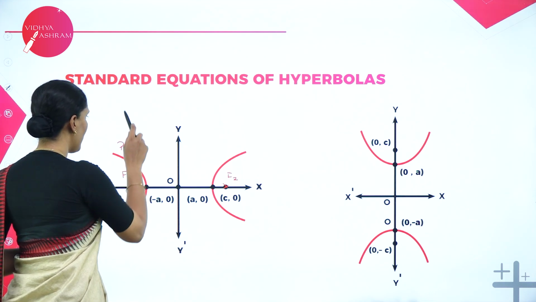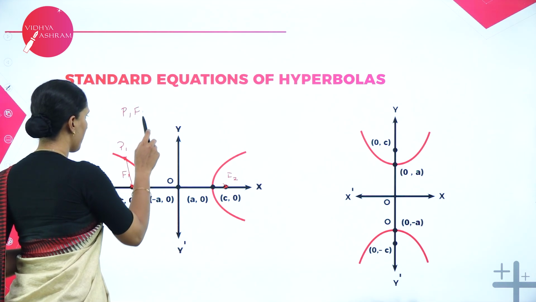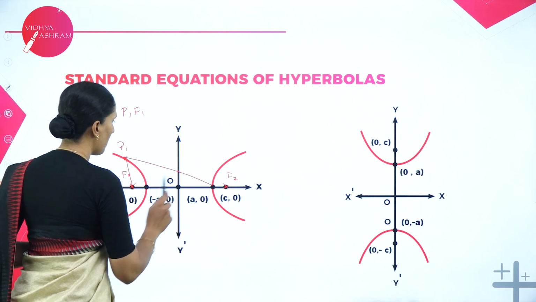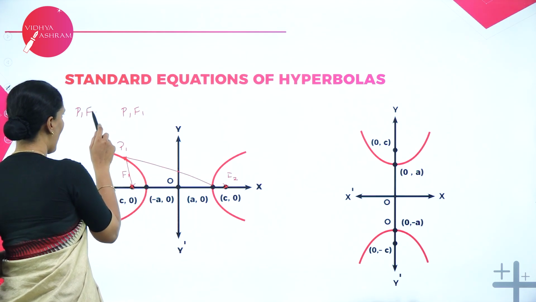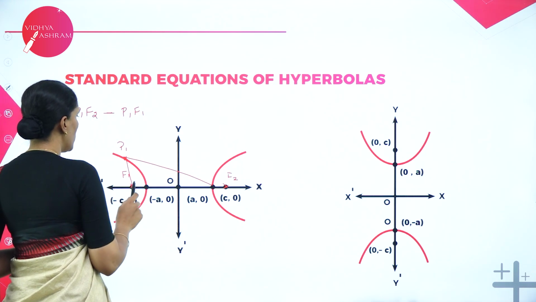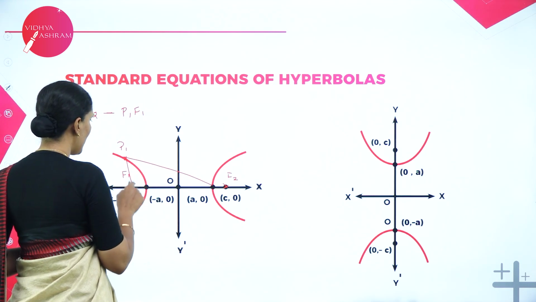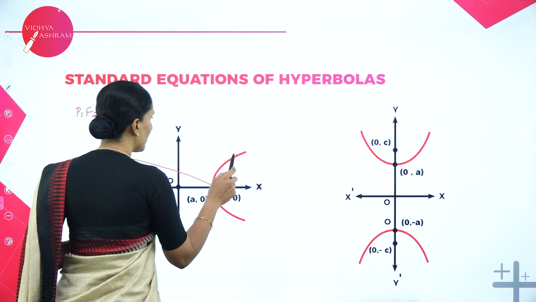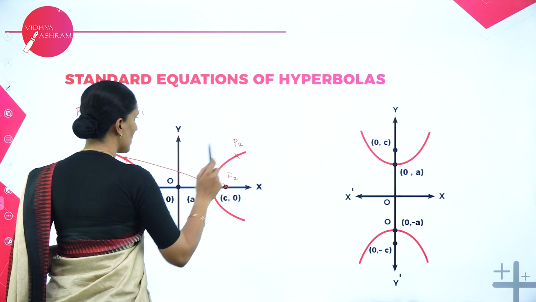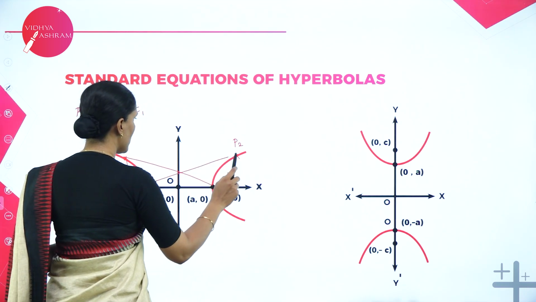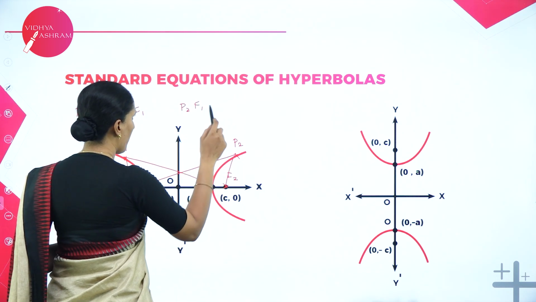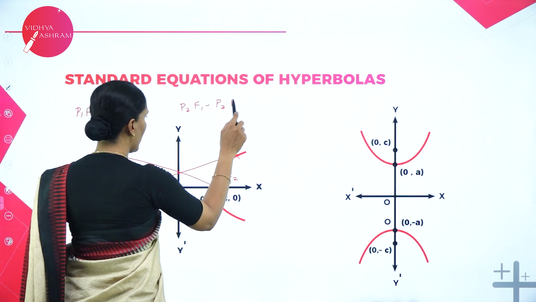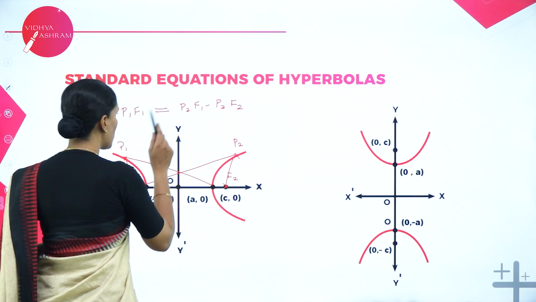The distance P1F2 is maximum, so I am subtracting them: P1F2 minus P1F1. Now take this point, point 2. Take the distance P2F1 minus P2F2. These distances will be the same.